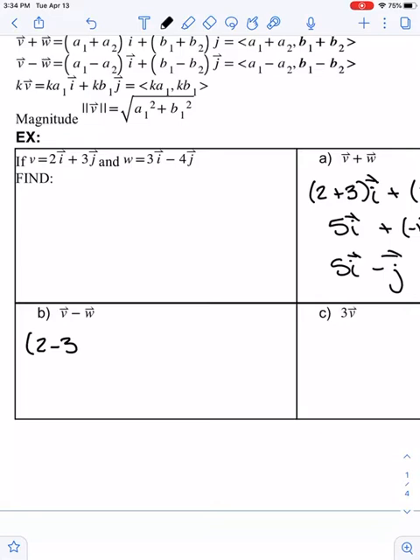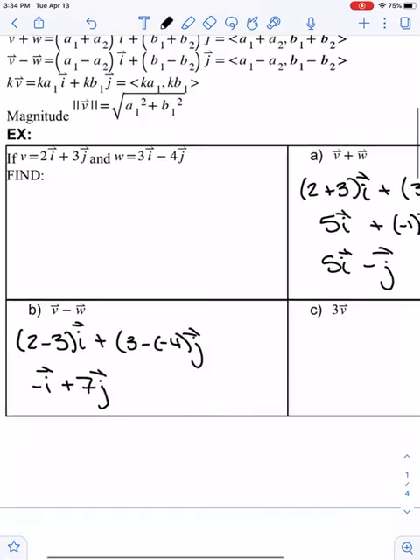So the v number comes first. And that's the i, still plus 3 minus -4j. So 2 minus 3 is -1i. And then 3 minus -4 is 3 plus 4, which is 7.